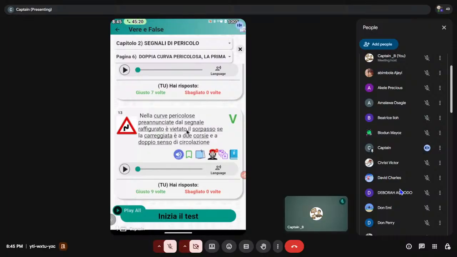It is forbidden, è vietato, meaning prohibited, il sorpasso, overtaking, se la carreggiata, if the carriageway is due corsie, two lanes, and a doppio senso di circolazione, two-way circulation. Yes, it's true.